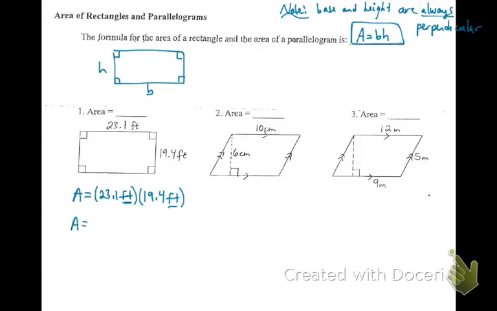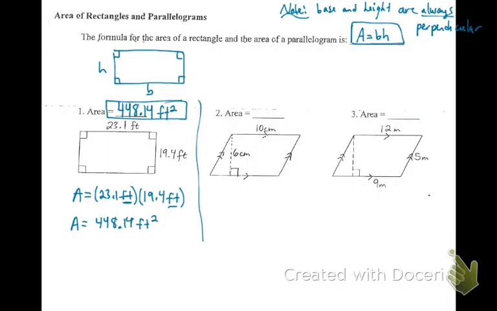If we multiply 23.1 and 19.4, you get 448.14, but you also have to multiply the feet, so feet times feet is feet squared. So the area of this rectangle is 448.14 feet squared. And in fact, every area problem that you have will be whatever the units are squared.